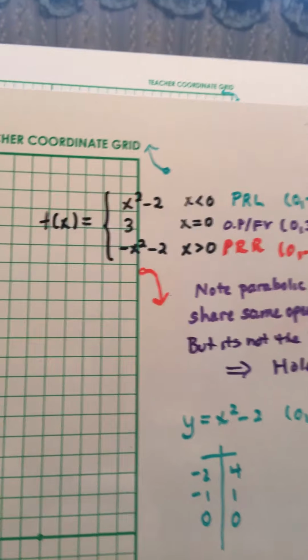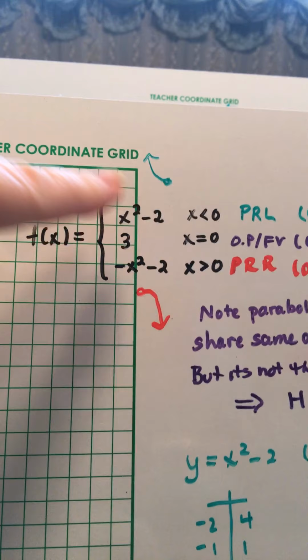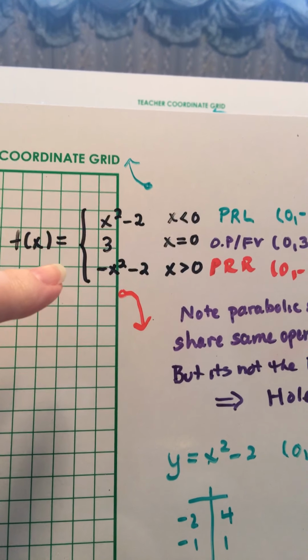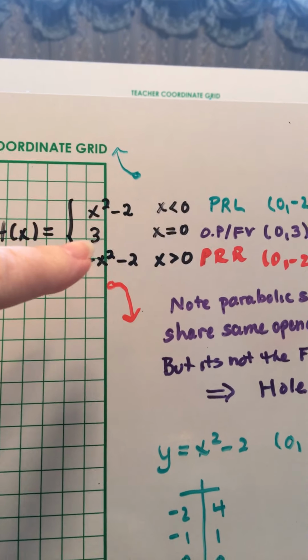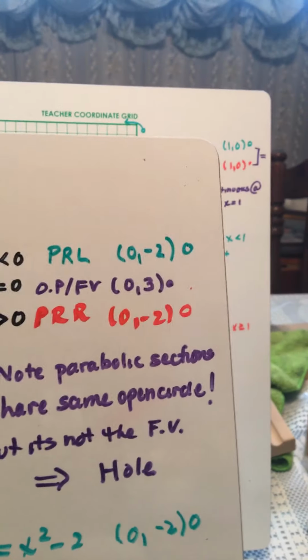Okay, next one. Looks like problem 2 on your worksheet. And so here we are. And so what I now have is the left side parabola opens up, and the right side parabola is opening down, and I have a point in between.